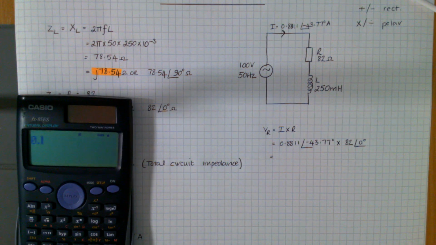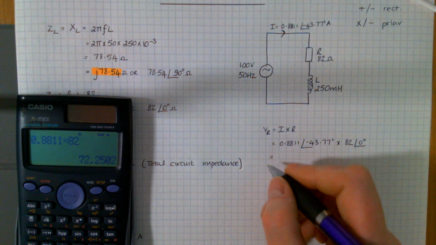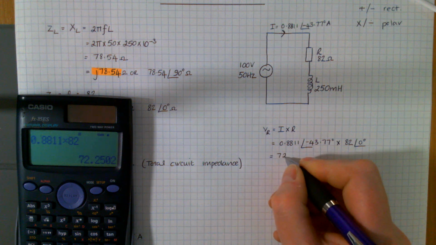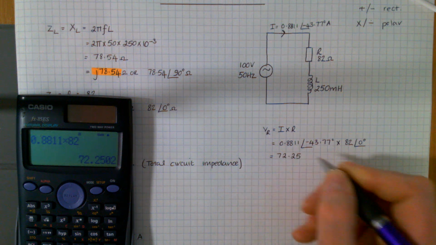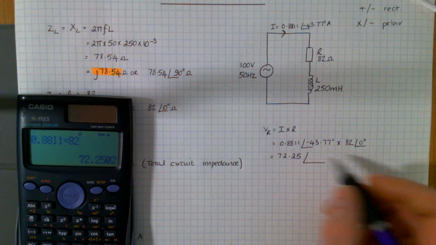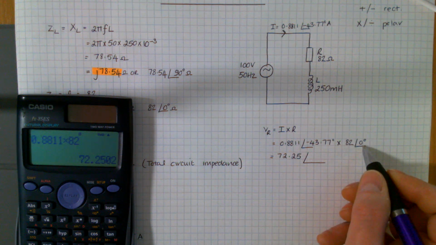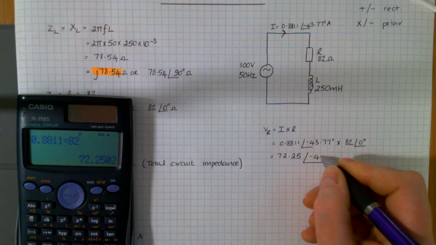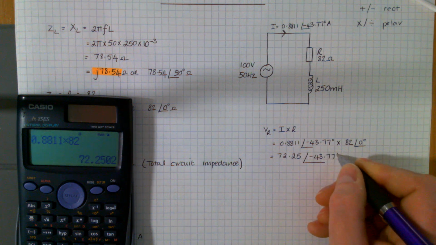So you're going to do 0.8811 and multiply that by 82. To fourth significant figure, 72.25. And my angle, minus 43.77 plus 0, stays the same, minus 43.77.